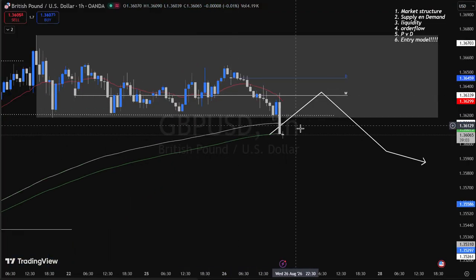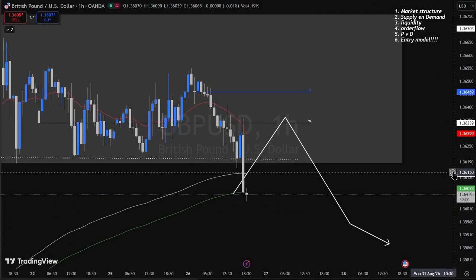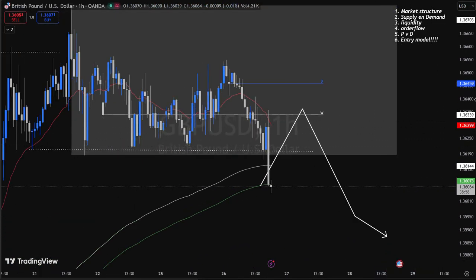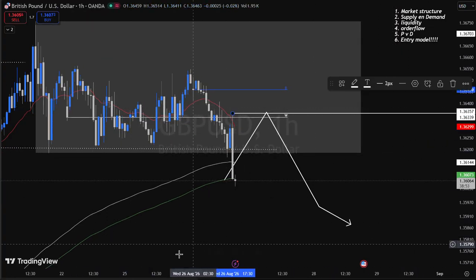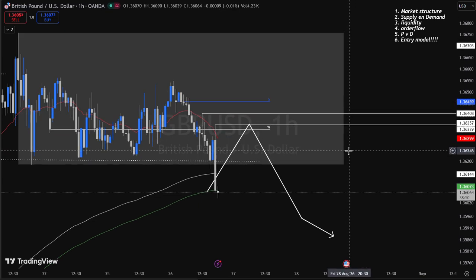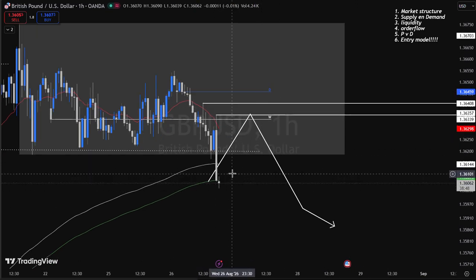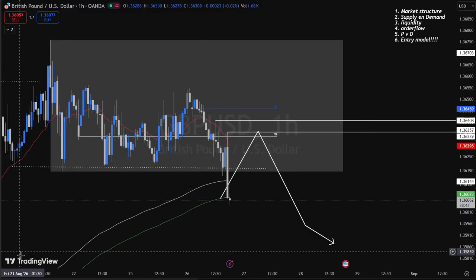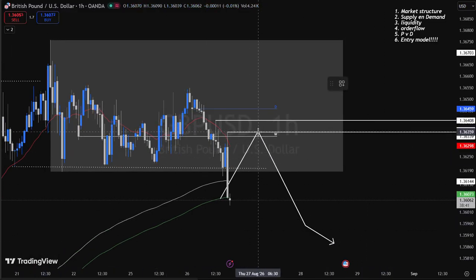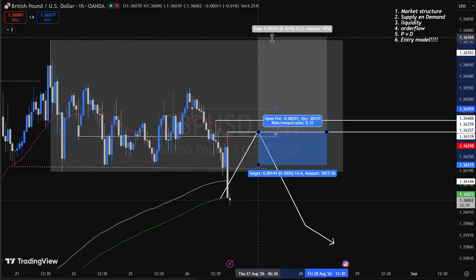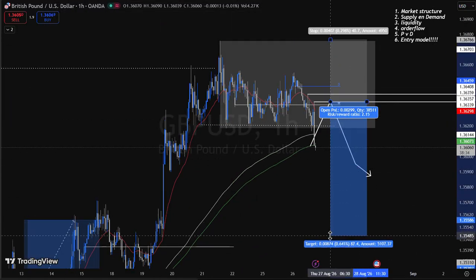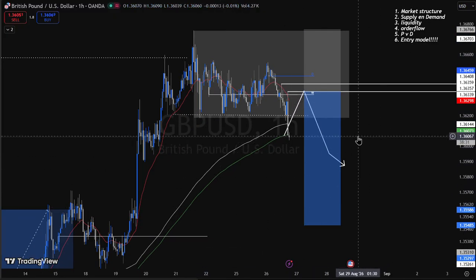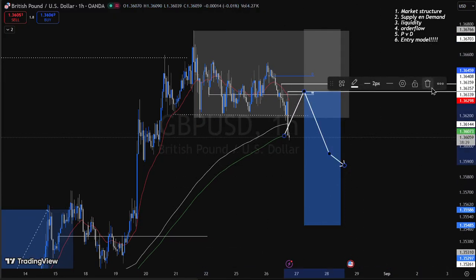If we see liquidity on the 1 hour, like this one or this one, I would personally wait for GBP/USD to retrace till this liquidity. Then I will open my trade. This would be the trade idea for GBP/USD, and the target would be this liquidity.